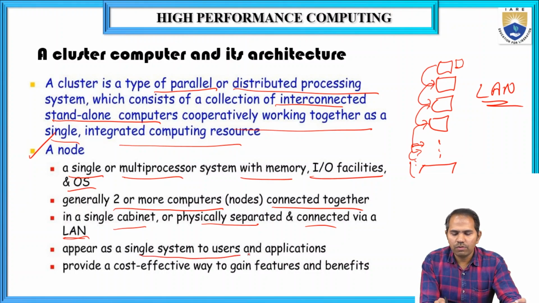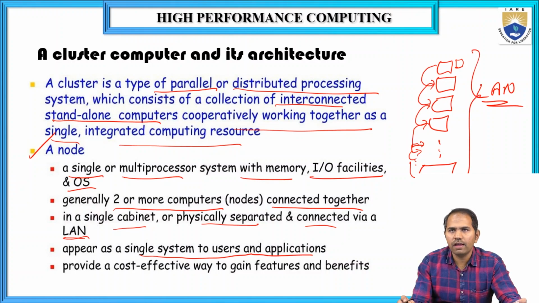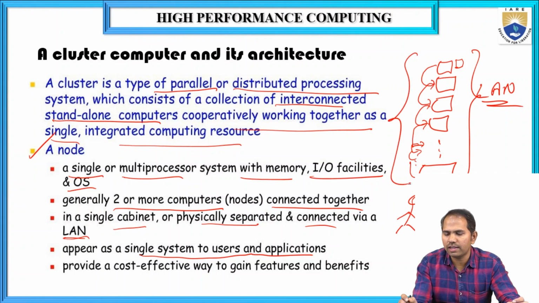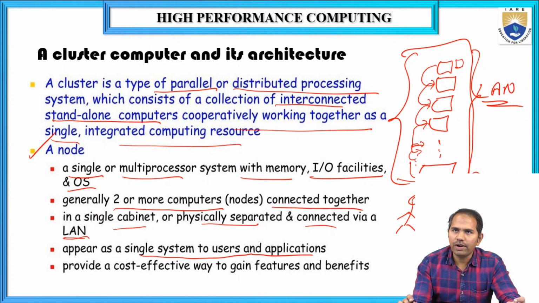They appear as a single system to users and applications. From the user perspective or the application perspective, the total cluster appears as a single system, but internally it has a group of different systems.